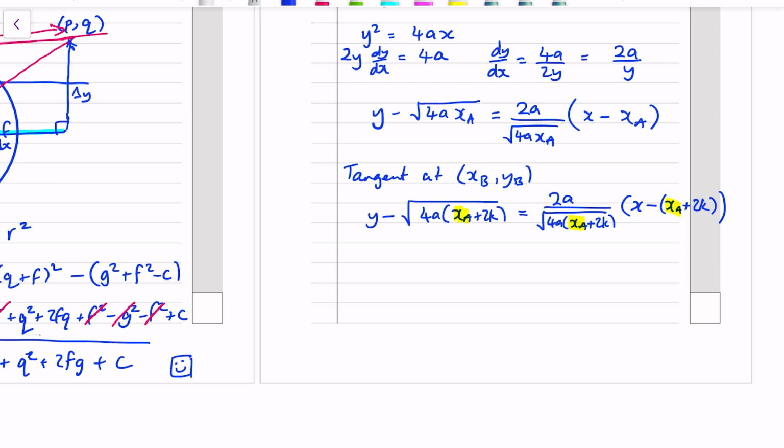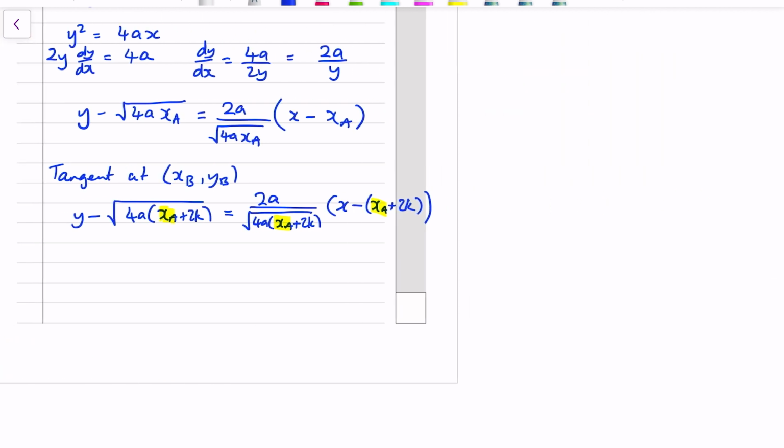Okay, now once we're there, we need to find a point of intersection. So to find the points of intersection, we're going to solve this simultaneously. And I think we need to be clever about how we do that, because otherwise it's going to blow up.